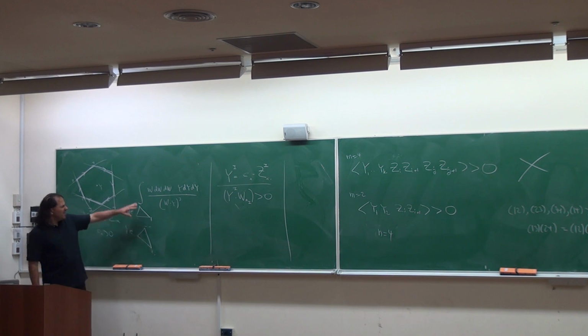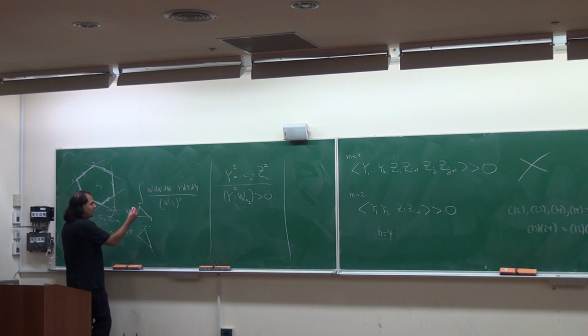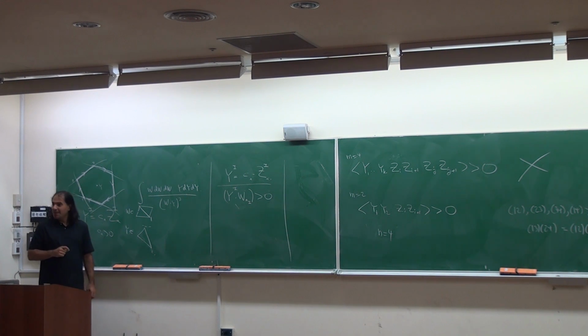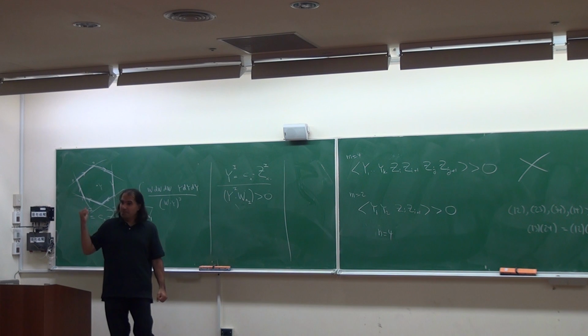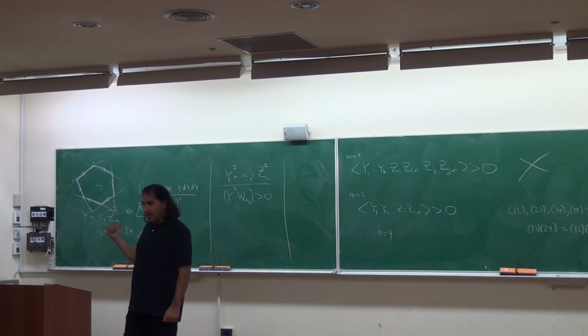This is called the Aomoto dialogue. If you put in general two simplices, a simplex there and a simplex there, they're the Aomoto polylogs. All the dialogue identities are the statement that if you make this a square and you triangulate this way versus that way, you get the same answer. Okay?